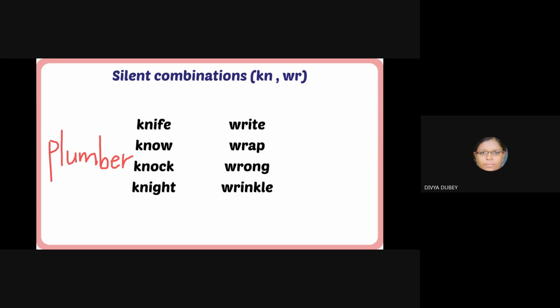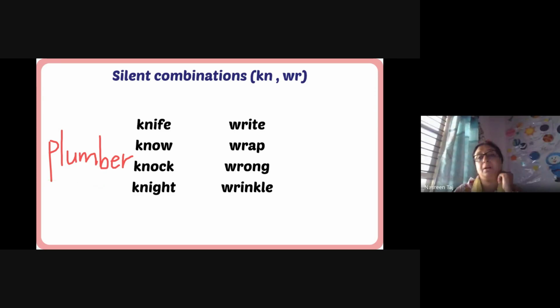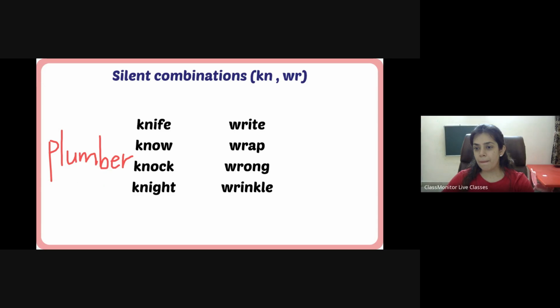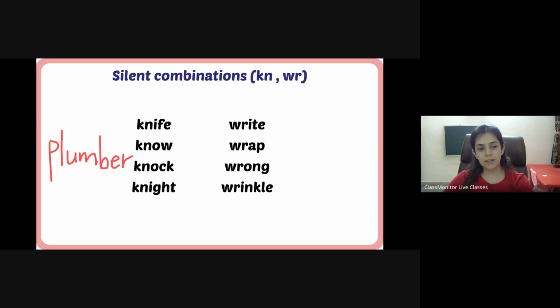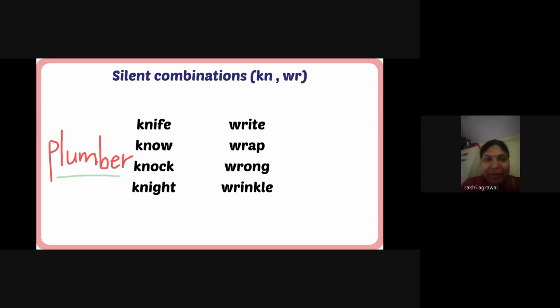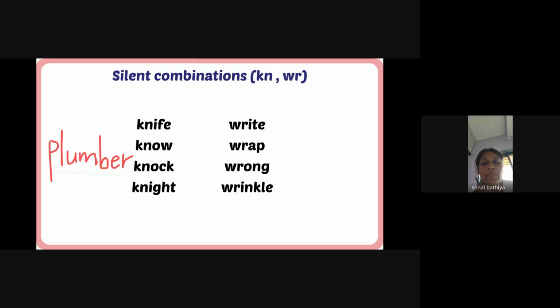Plumber. Okay. Nasreen, what do you call it? Plumber. Okay. Anupama, what do you call it? Ma'am, plumber. All right. Rakhi, ma'am, yes, we call it plumber only. Sonal, yes, plumber.